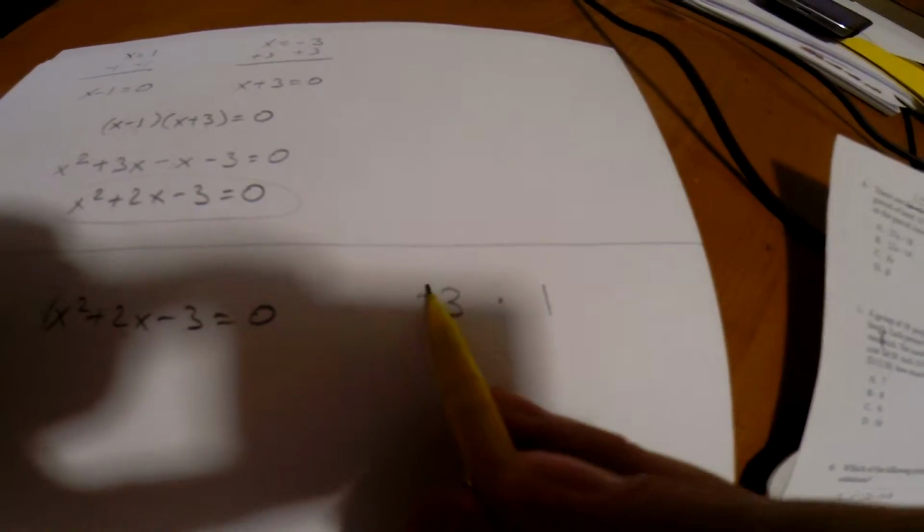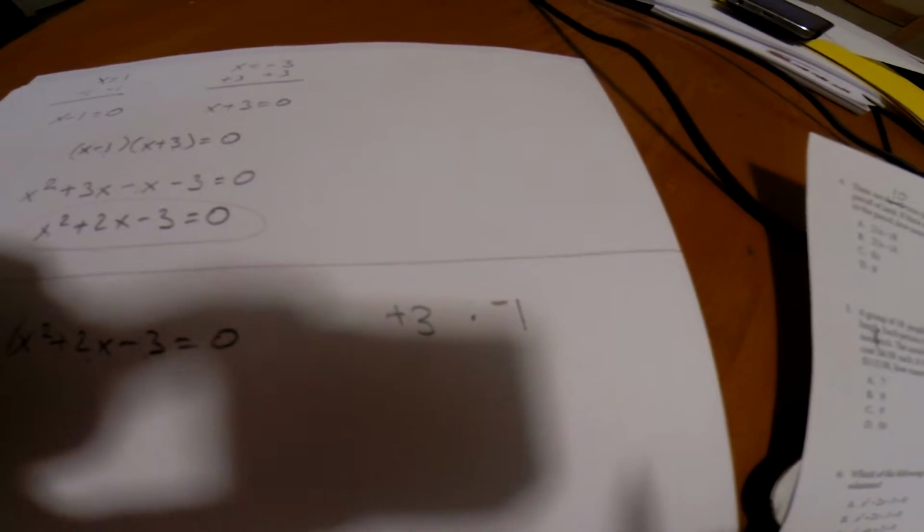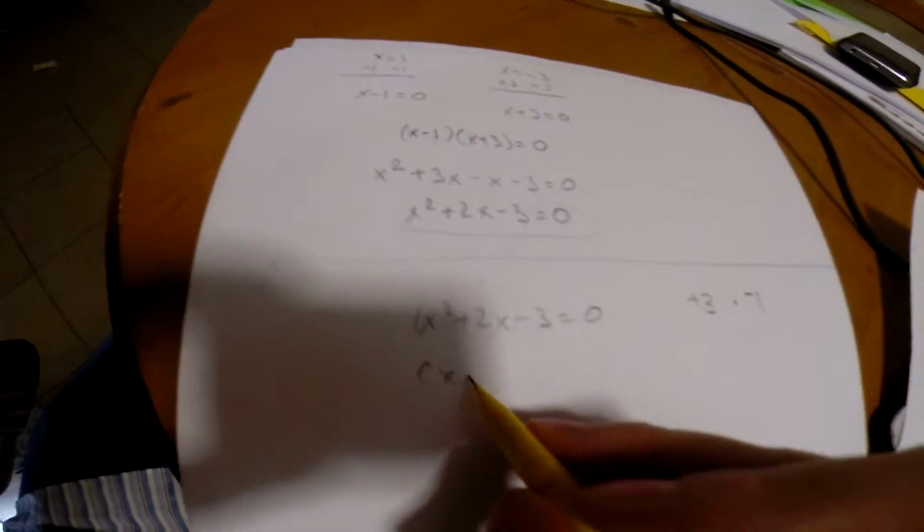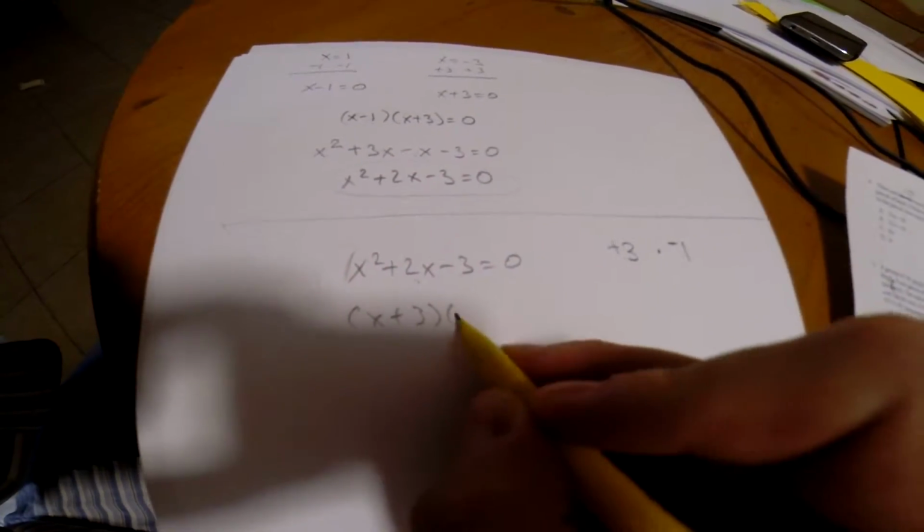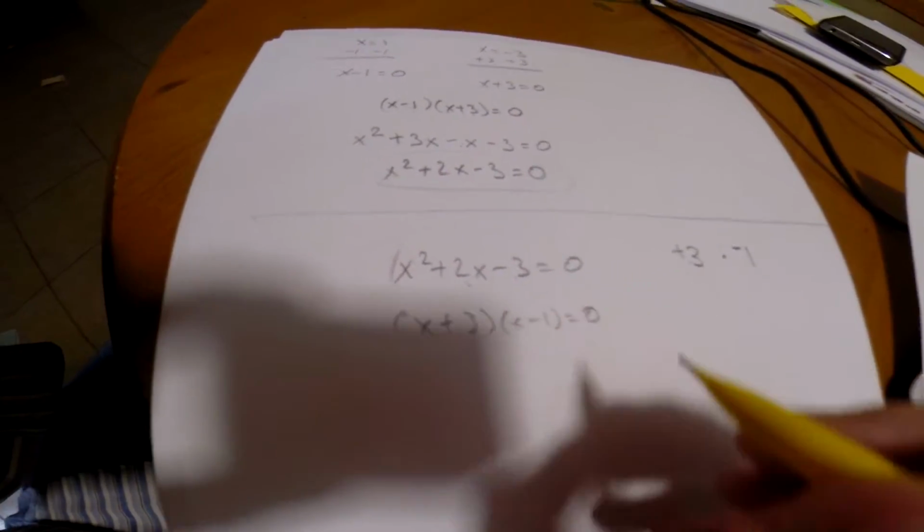Now I'm going to pay attention to the sign. I need to get a positive 2, which means that of these two, the positive one is going to be the bigger one, and the negative is going to be the smaller. So 3 is positive and 1 is negative. So this becomes x plus 3, x minus 1 equals 0.